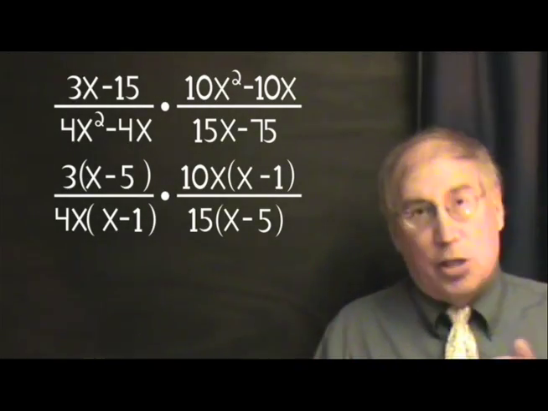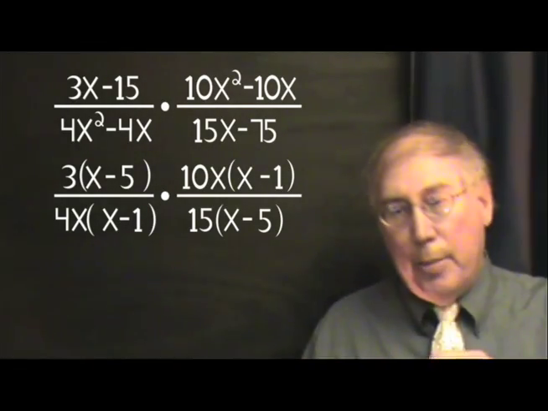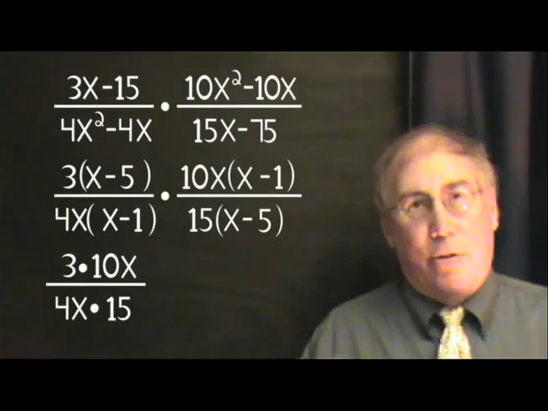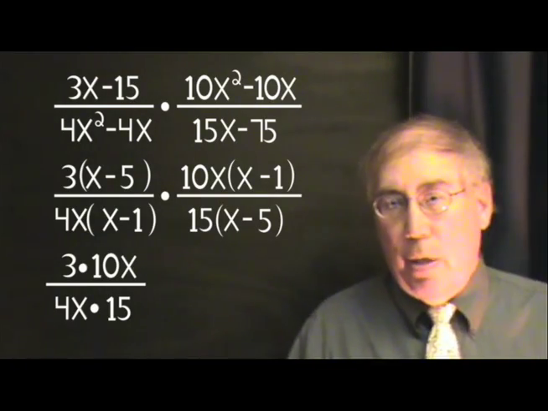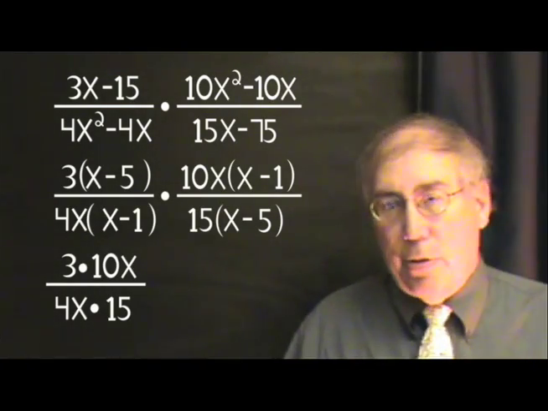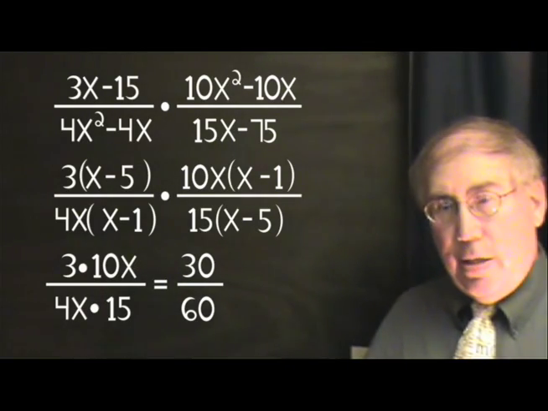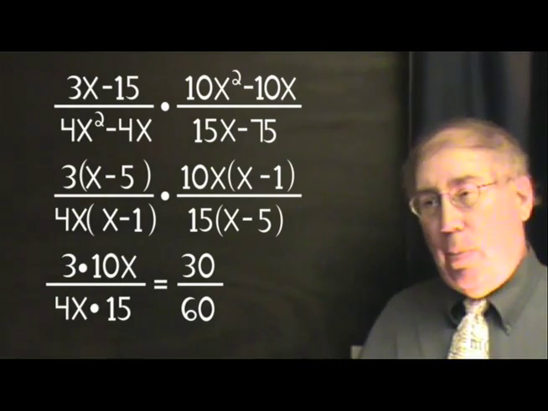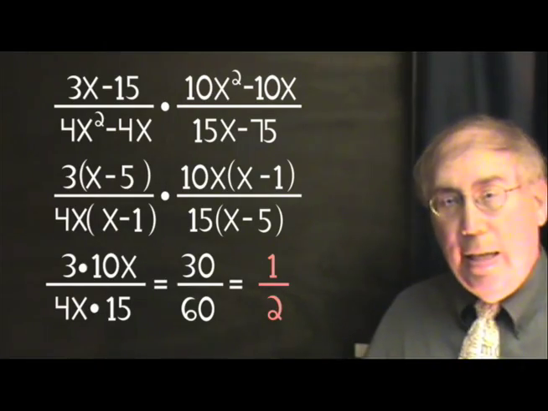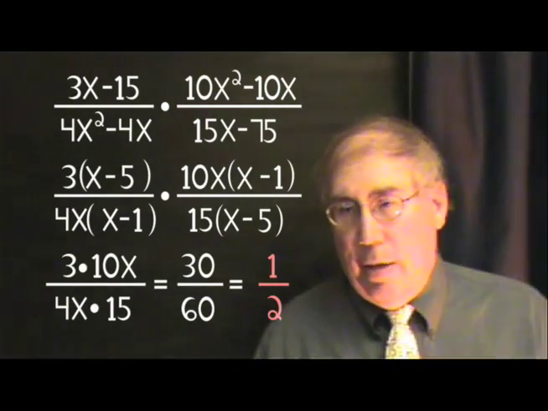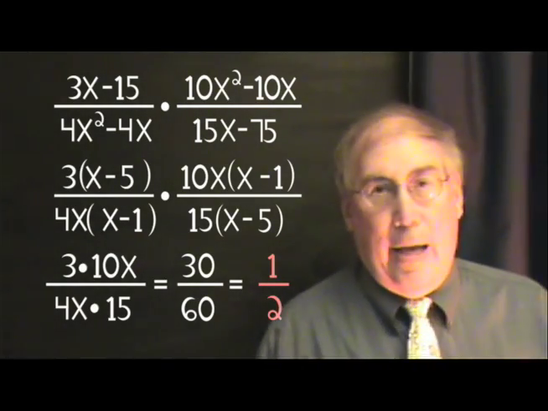And notice there's an x minus 5 in the numerator and the denominator. Cancel those out. There's an x minus 1 and an x minus 1 in the numerator and denominator. Cancel those out. And we get this. And then the x's still cancel out, and you could multiply across, get 30 over 60, and that will give a product of 1/2.